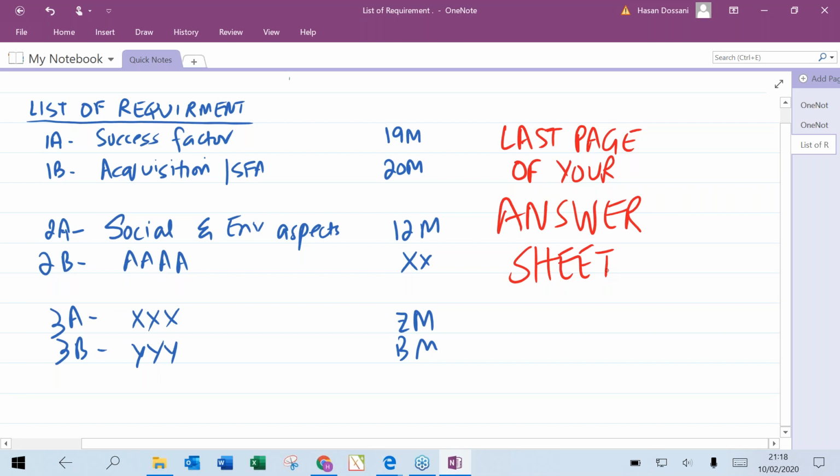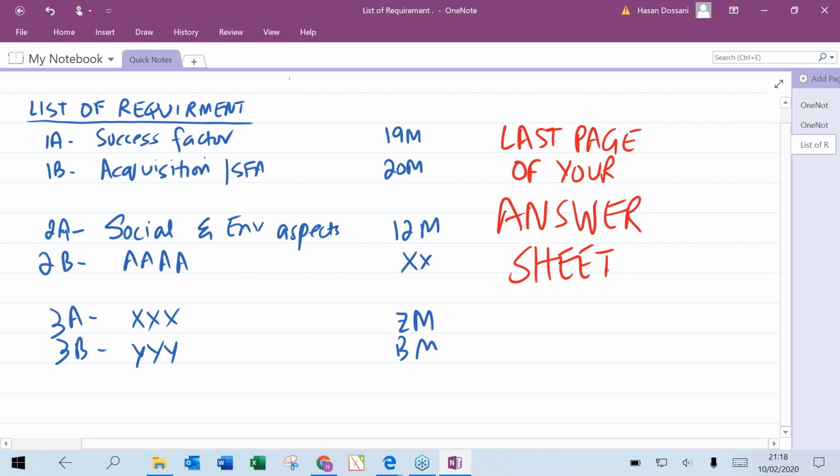So you just use the last page. You can write on top of that "rough working" so that the examiner knows that this is not to be checked. And then on the last page, you make your list.